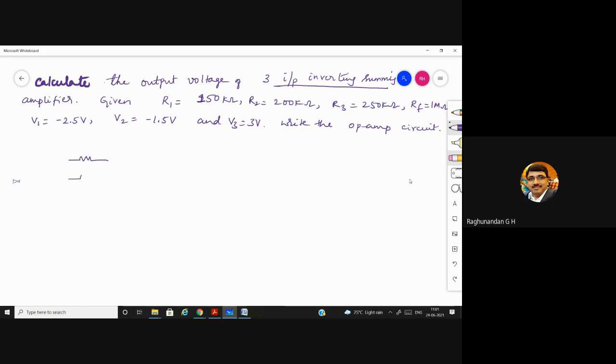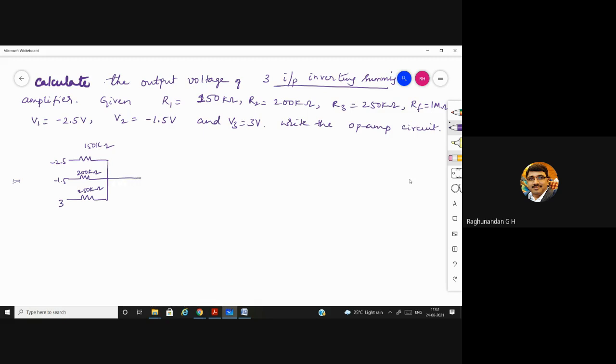Start with the problem. 3 inputs as it is summing. We are having 3 inputs: minus 2.5, minus 1.5, and 3 volt. We have 150 kilo ohm, 200 kilo ohm, and 250 kilo ohm.